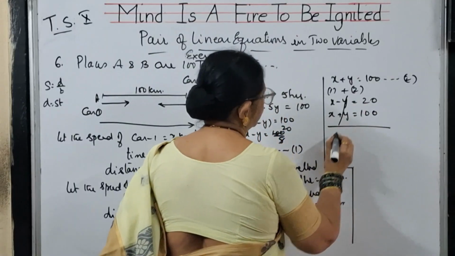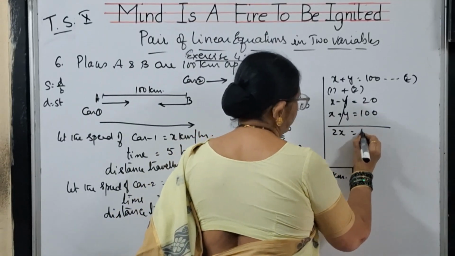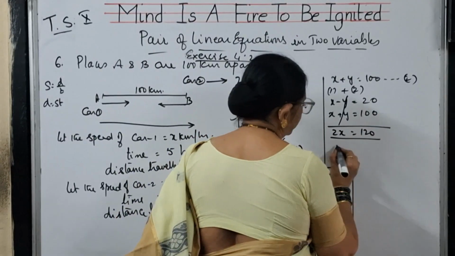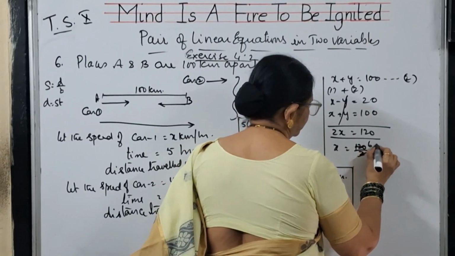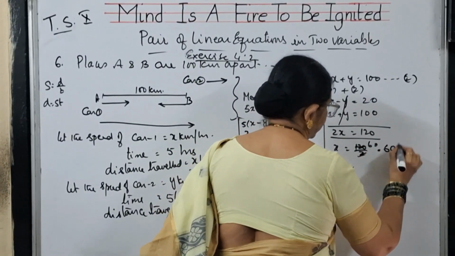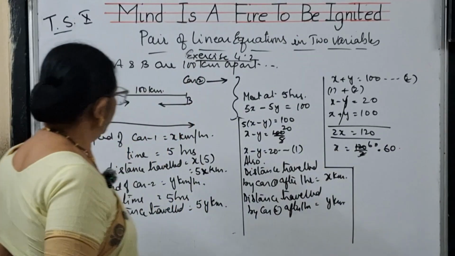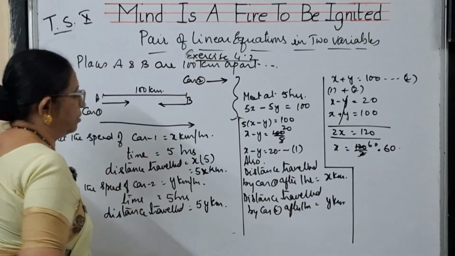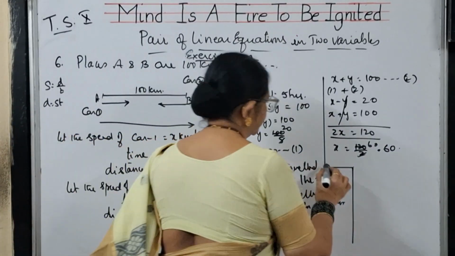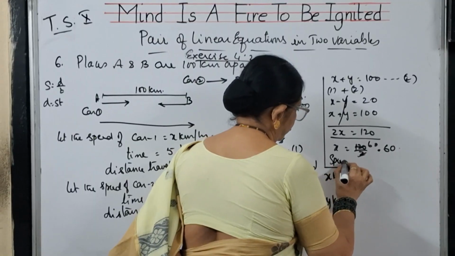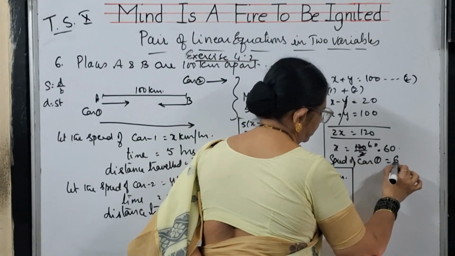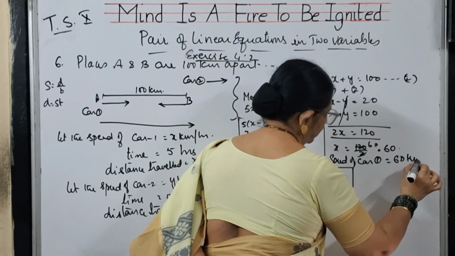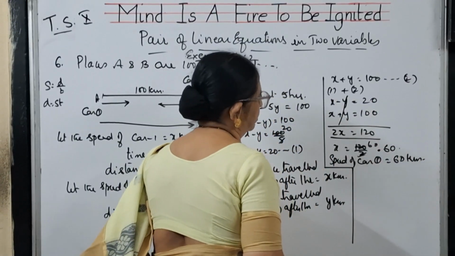When you are adding, these two will get cancelled. 2x is equal to 120, x is equal to 120 by 2, that is 60. x is equal to 60. What is x? Speed of car 1. So, speed of car 1 is equal to 60 kilometers per hour.